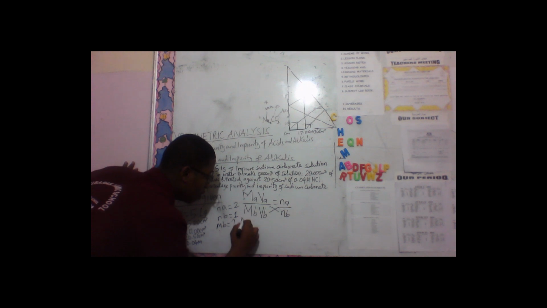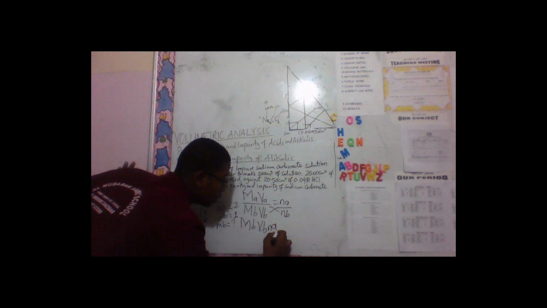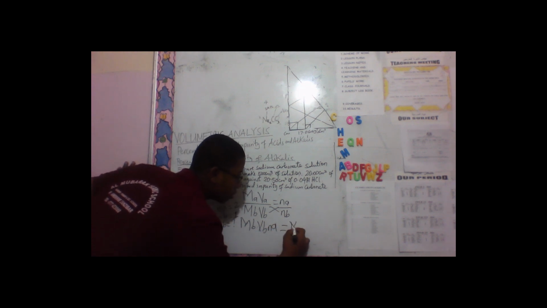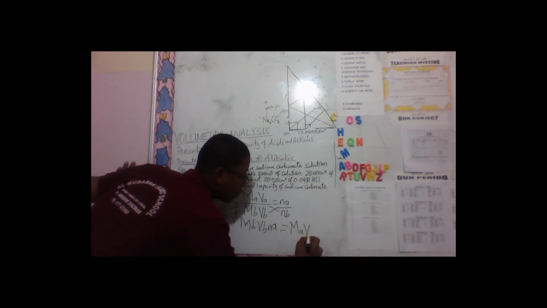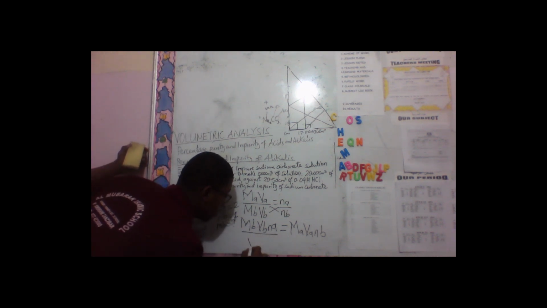Now our formula will be molarity of base times volume of base times number of acid is equal to molarity of acid times volume of acid times number of base. What will continue? Divide both sides by volume of base times number of acid.